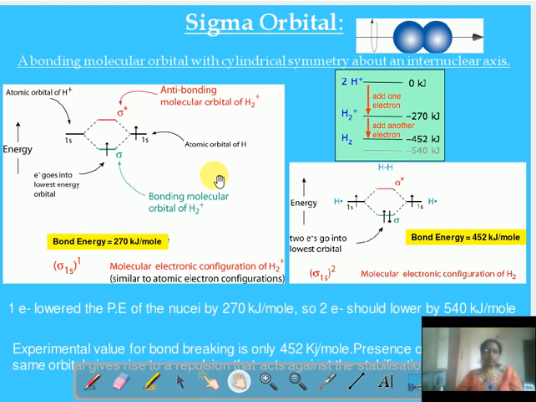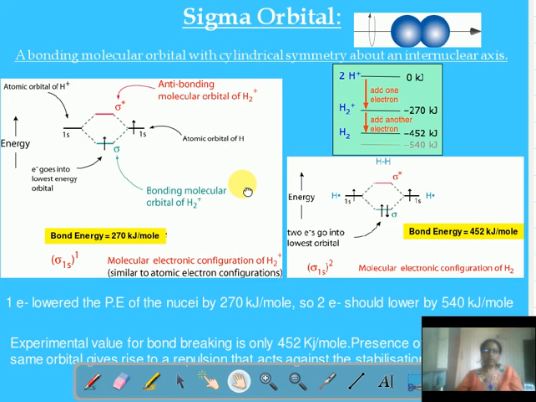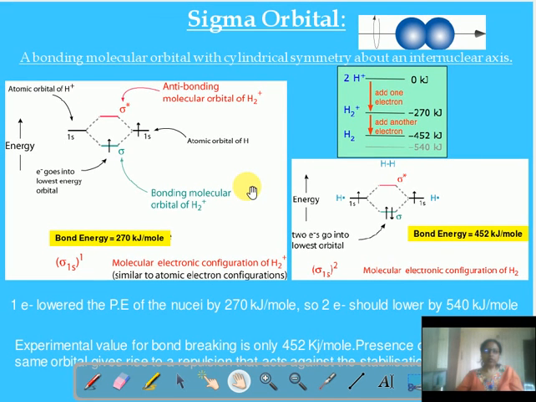As you know, while forming the molecular orbitals, there is an attractive force between the nucleus and the electrons, and there is also electron-electron repulsion. I will tell you an interesting fact that shows the presence of electron-electron repulsion. You see here, this is the sigma bond formed due to overlap of the atomic orbitals along the molecular axis.